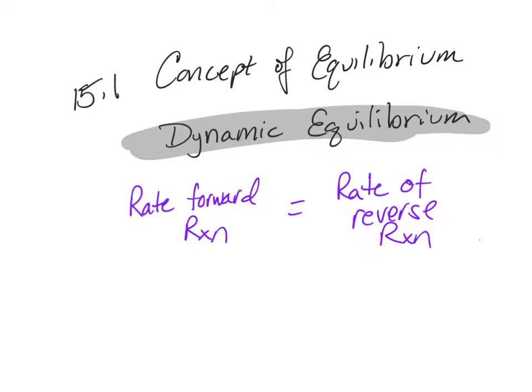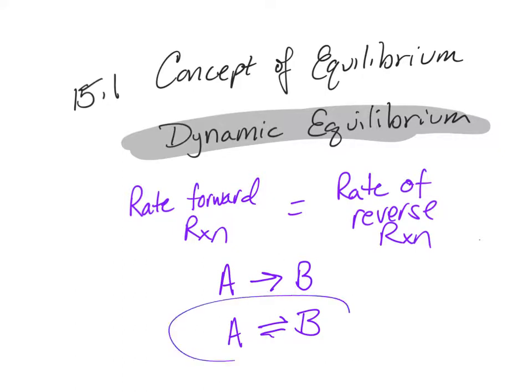So if you have a reaction A forming B, the rate of forming product B is equal to the rate at which product B goes to form A. And we use the double arrows, so a better representation of this reaction that has an equilibrium is A in equilibrium with B. So we use the equilibrium arrows.